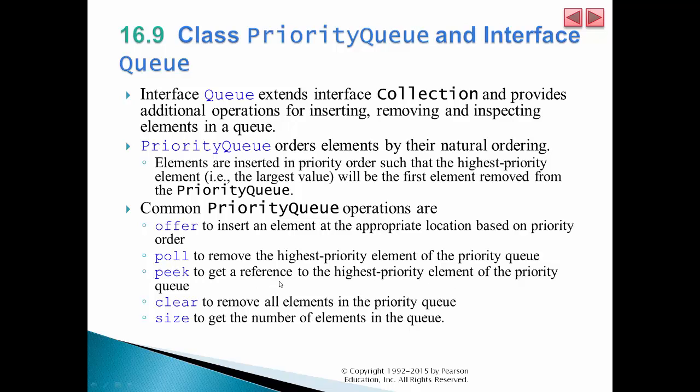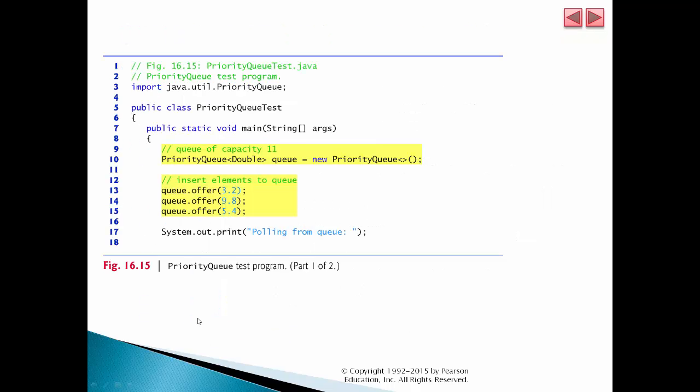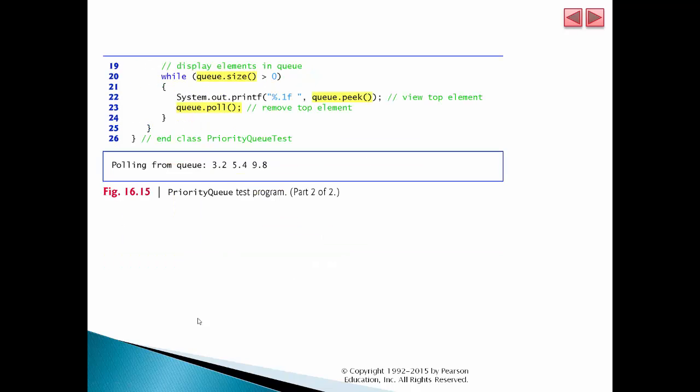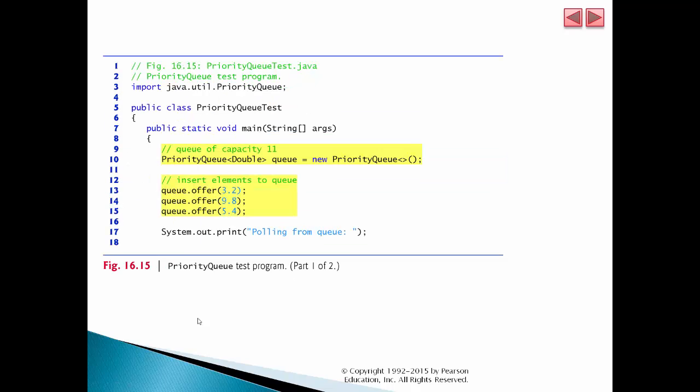Peek is something to get a reference to the highest priority element. Offer inserts the element into the priority queue. Clear and size, as you know, just remove everything and give the count. So you're going to use this implementation of the priority queue. You can just say new PriorityQueue and the corresponding reference types that you would like to store in that priority queue, including the type wrappers for primitive data types.